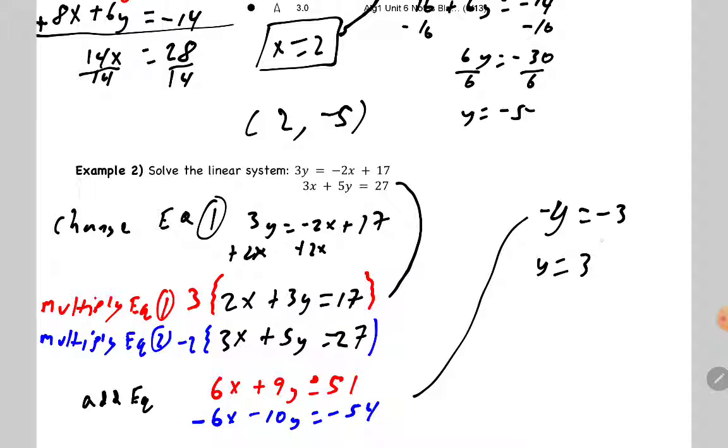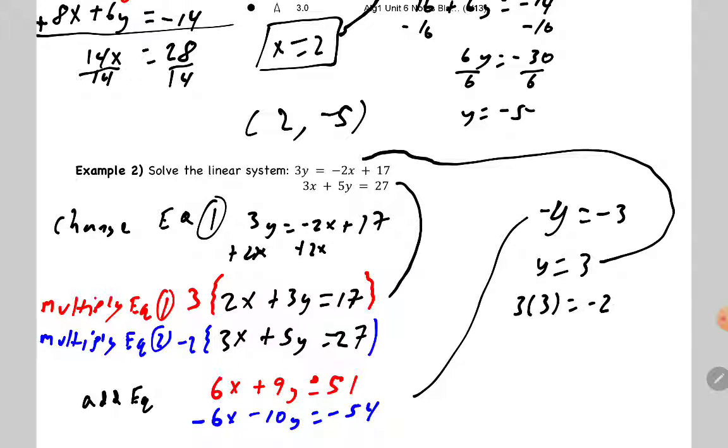Okay, now I'm going to plug this into one of the equations. I'm going to go ahead and plug it into the first one, and you want to plug it into the original ones. So 3 times 3 equals negative 2 times x plus 17.